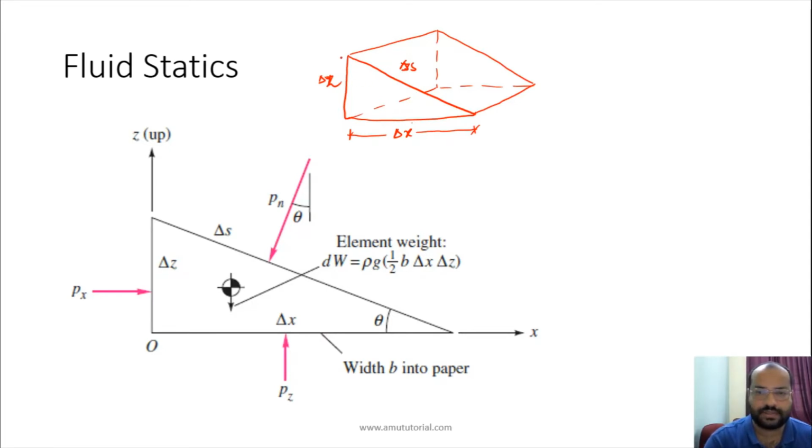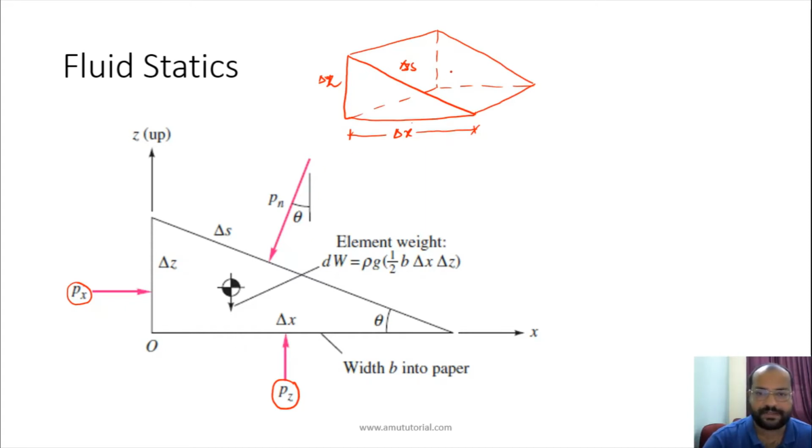Now suppose the two-dimensional view of this wedge is here. Suppose the upward vertical pressure is Pz, acting in the upward direction, and the horizontal pressure Px is acting in this direction, the positive direction.